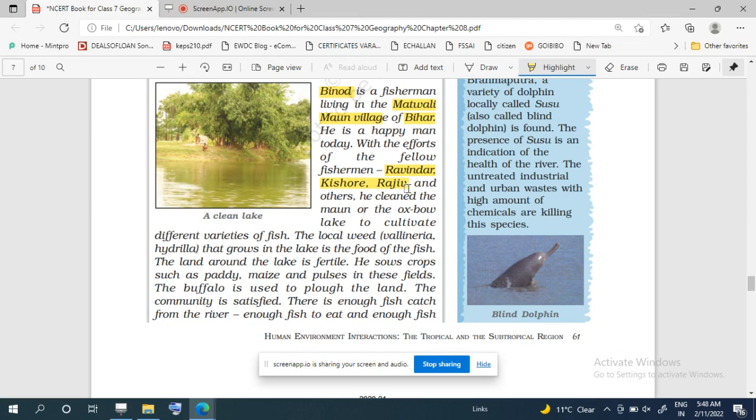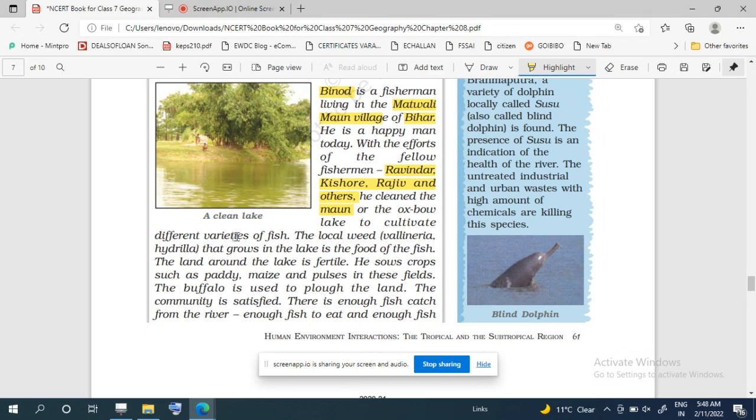So with Ravinder, Rajiv, Kishore, and others, what Vinod did earlier, it's about the past. What did they do? They cleaned the Oxbow Lake. The Mon, as it is called, is actually a lake. So they cleaned that Oxbow Lake so that they can cultivate different varieties of fish.